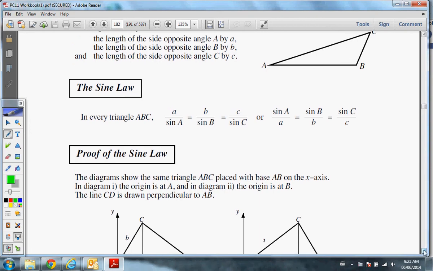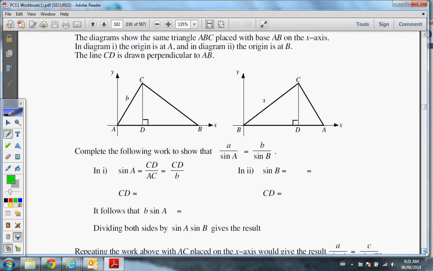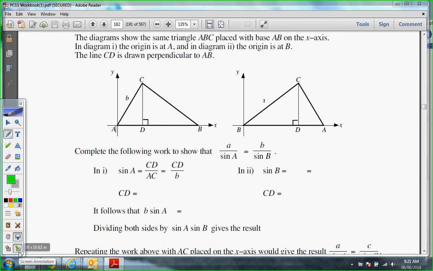What they did is they drew two triangles with ABC and then ABC again, but flipped. Let's complete the following work to show that a over sine A equals b over sine B. Sine A equals opposite over hypotenuse. Right here, that's CD over AC.